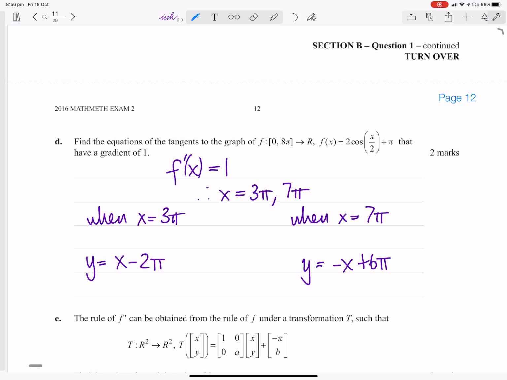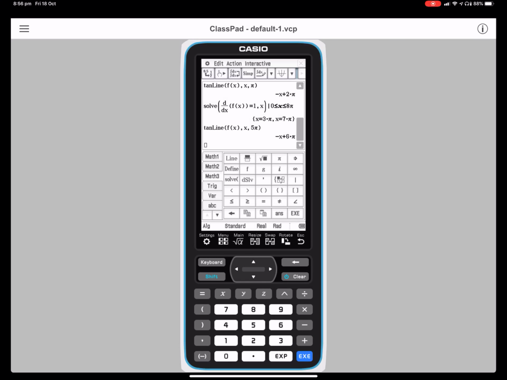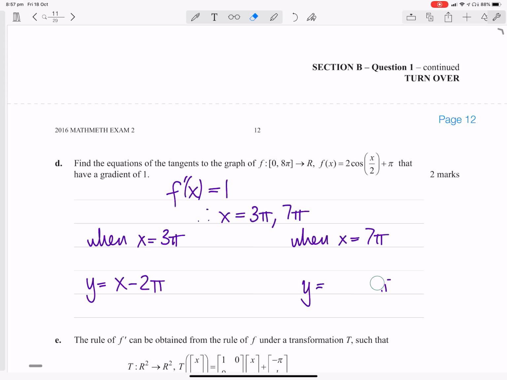What? Then for 7 pi, I'm like, that's the wrong gradient. So x minus 6 pi, and because I know the gradient has to be 1, I knew I must have stuffed something up.